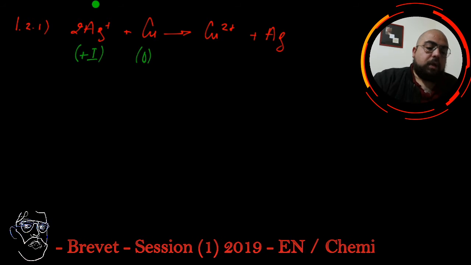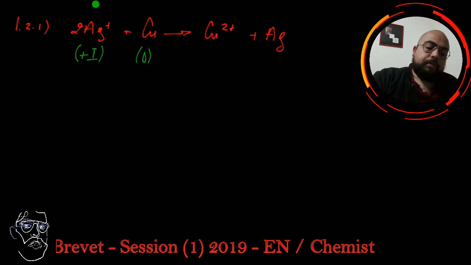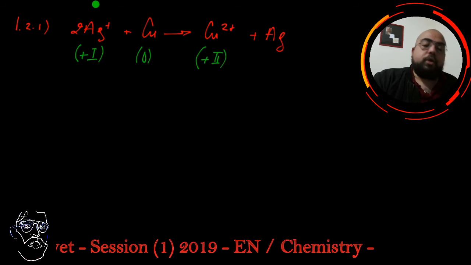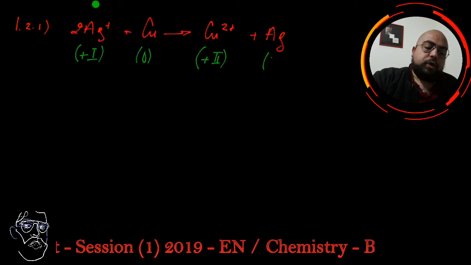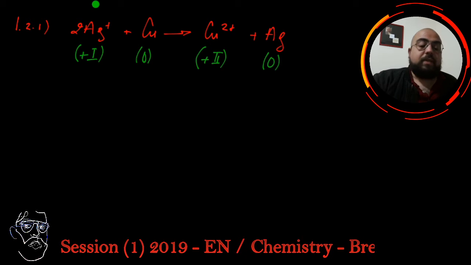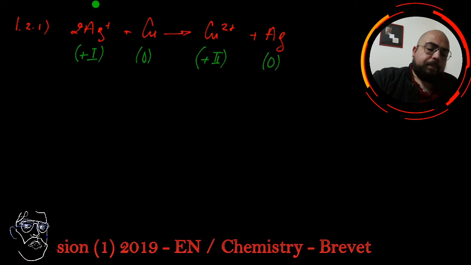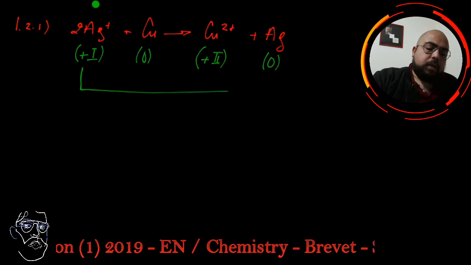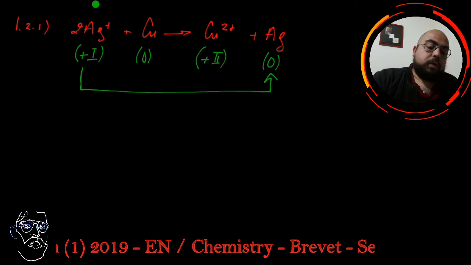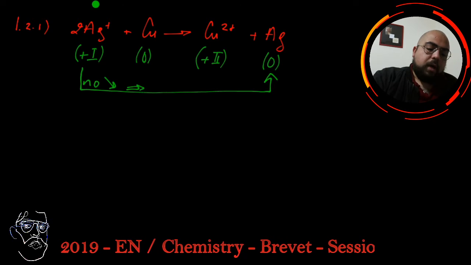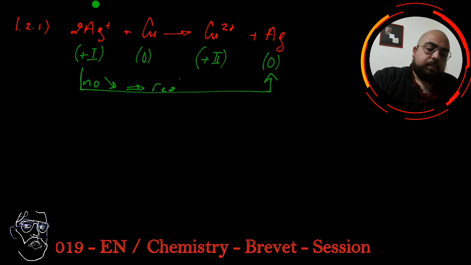Now, by using the oxidation numbers, for Ag+ it's +1, since its charge is 1 plus. Cu is 0, it's a simple element. Cu2+ is +2, again the charge is +2, and for Ag is 0 since it's a simple atom. For Ag, the oxidation number is decreasing from +1 to 0, so we have a reduction.